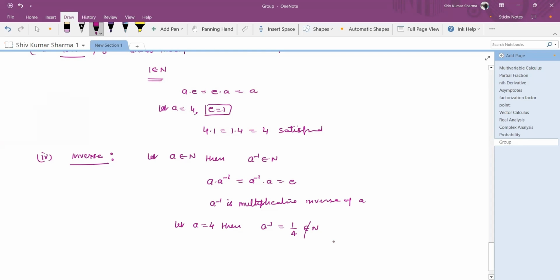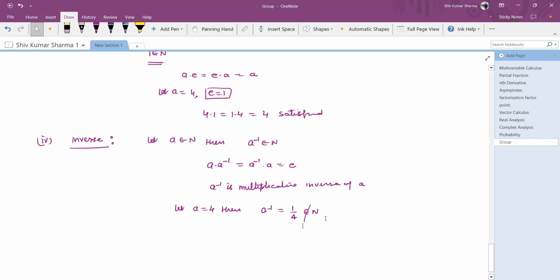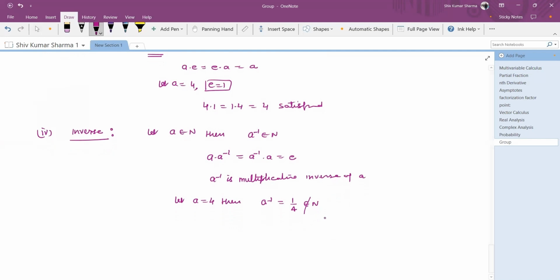So this means the existence of inverse in the set of natural numbers is not satisfied for all elements other than the identity element. So the inverse does not exist for each element.